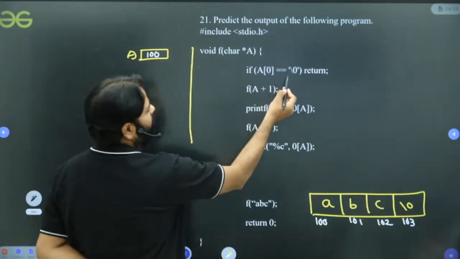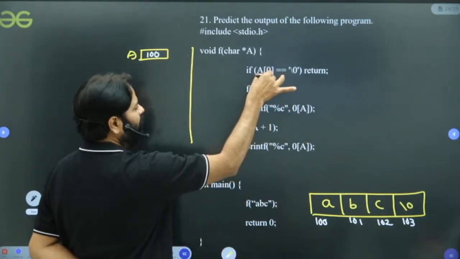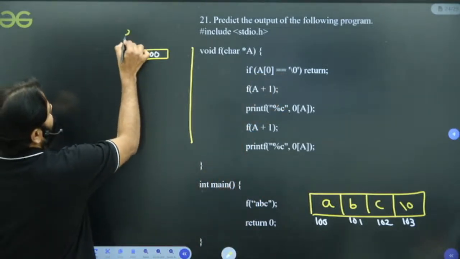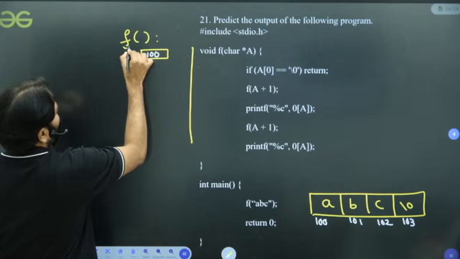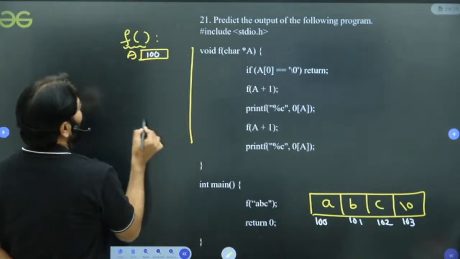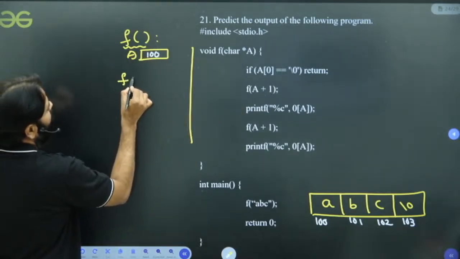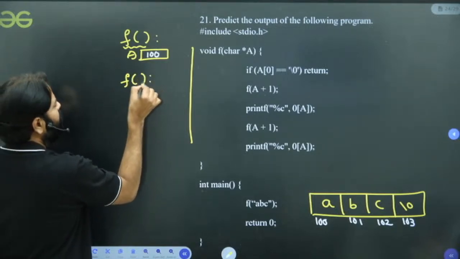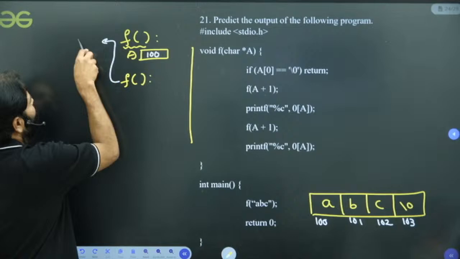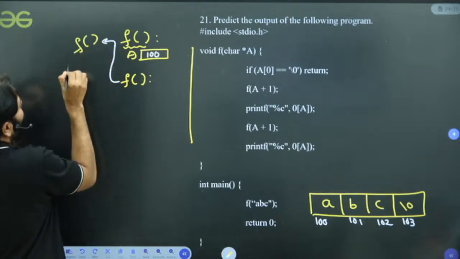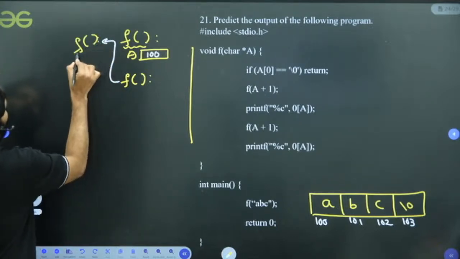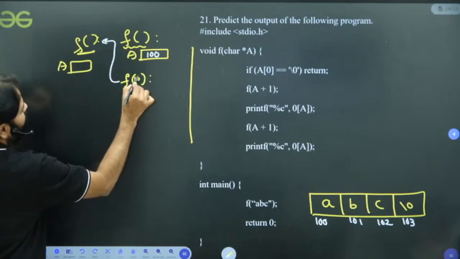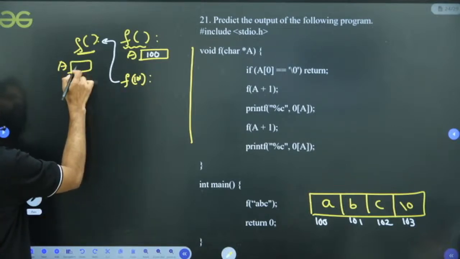A of 0 would return the null character, but it will not, because A of 0 is not a null character. So the first function I am calling here requires f of a plus 1. Remember this function calls another function. Here you are calling a plus 1, that is 101, so A will have 101.